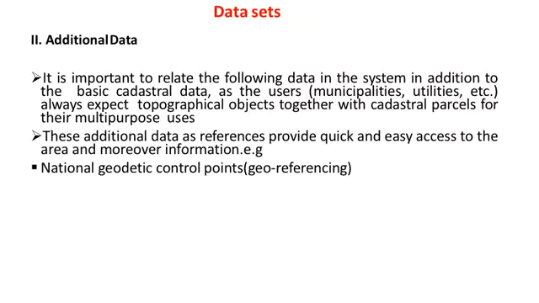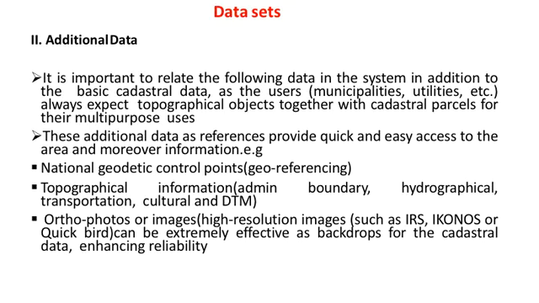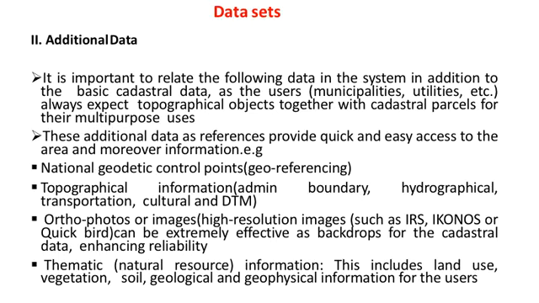It will even contain georeferencing, national control points, and topographic information, administrative boundary, hydrological, transportation, DTM, and cultural and archaeological sites, and so on. Orthophoto or image: high-resolution images provided from IKONOS, QuickBird. These could be used for enhancing reliability.